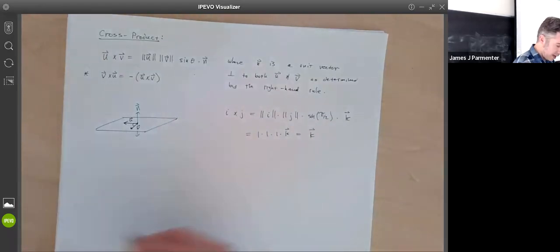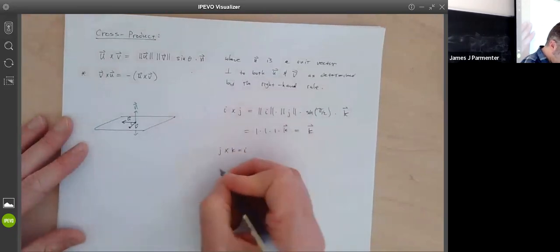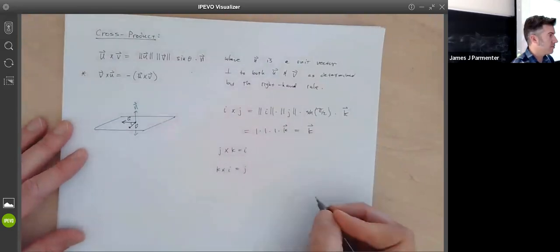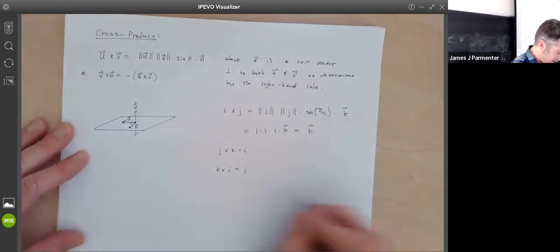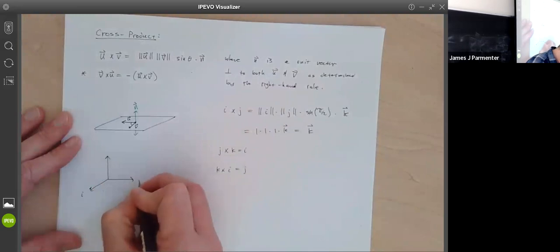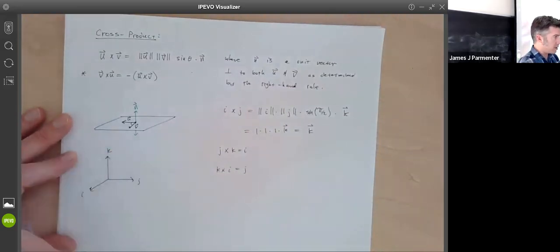So similar things are true. I cross J is equal to K, J cross K is equal to I, and K cross I is equal to J. If you think about it, it's all right-hand ruling all over the place. Here's I, here's J, here's K. If you go I, J, you're going to point upwards in the K direction.